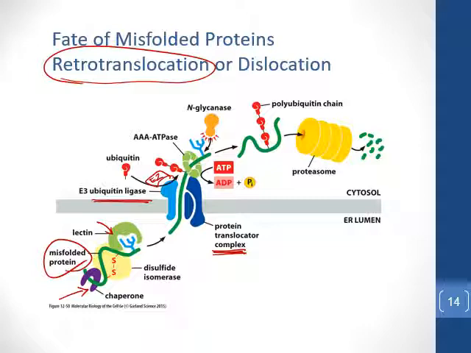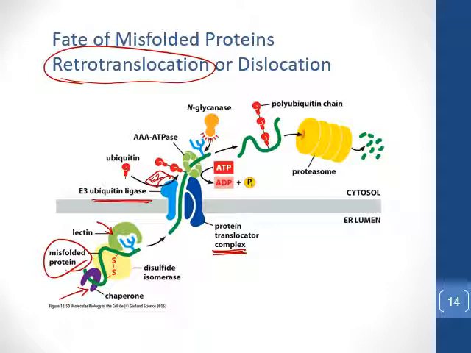So as that protein is being retrotranslocated out to the cytosol, the main thing that's happening is that ubiquitin is being added to it. And we're going to add ubiquitin just like we did before. That E3 ligase is going to transfer it over to lysine residues.